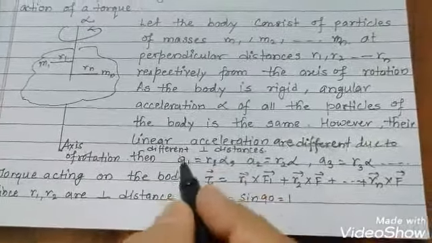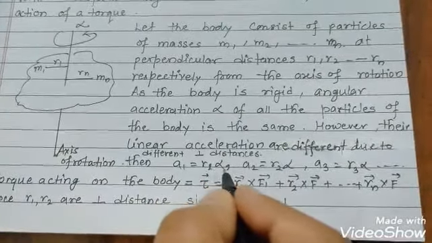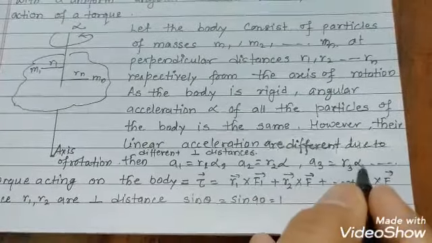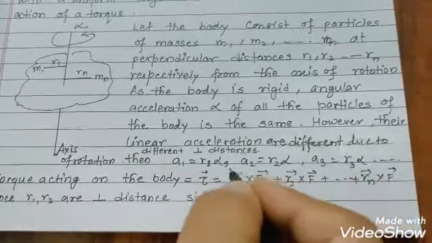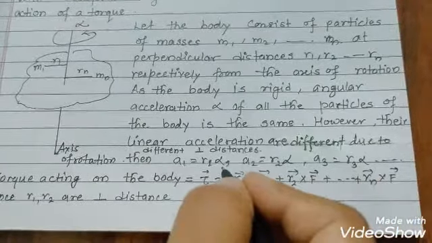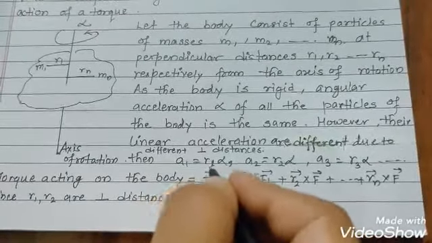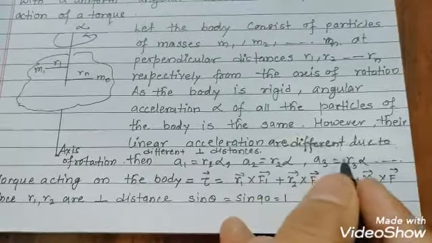So for the first particle a1 equals r1 alpha, a2 equals r2 alpha, and a3 equals r3 alpha. Alpha is the same for all the particles. This way we can write.